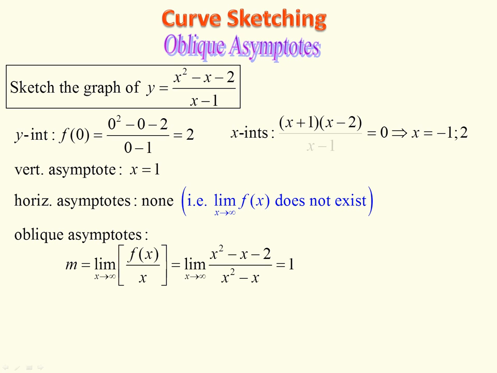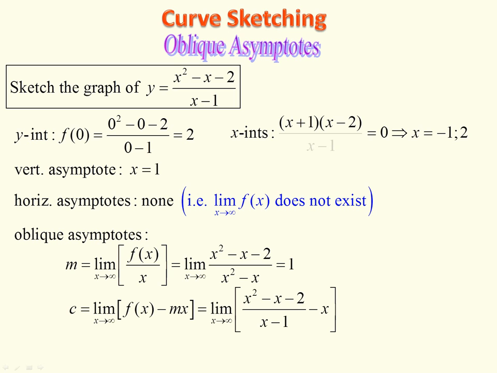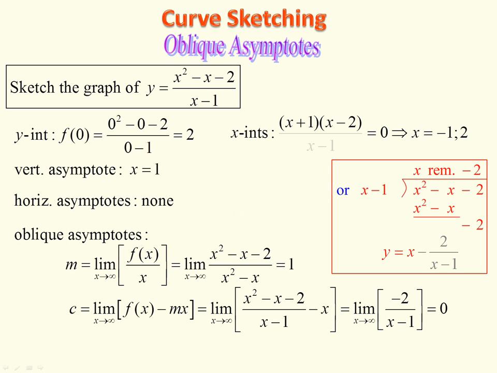C is the limit of f of x as x tends to infinity, and take away the mx, so we're left with c. Do that, and we get an answer of 0. 1x plus 0. So there is our oblique asymptote. There's by division x as well, so the oblique asymptote is y equals x.